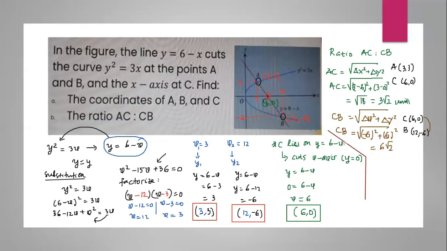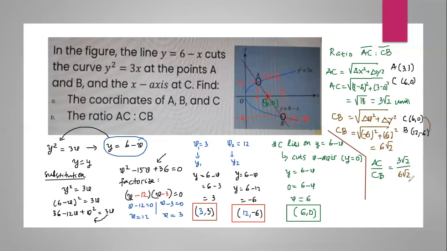So the question is the ratio AC to CB. AC is 3 root of 2 and CB is 6 root of 2.